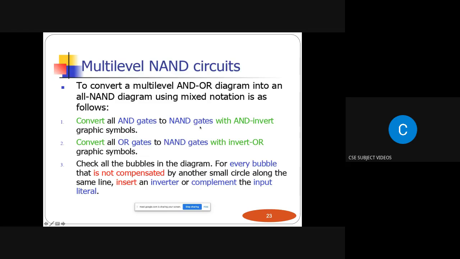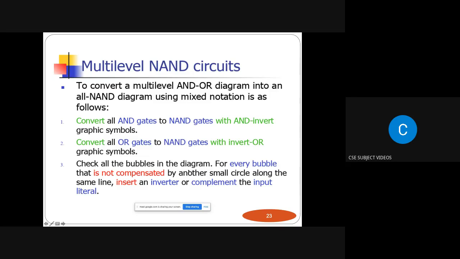Convert all AND gates to NAND gates. First, we have to convert all AND gates to NAND gates with AND-invert graphic symbols. And second step, convert all OR gates to NAND gates with invert-OR graphic symbols. Third step, check all the bubbles in the diagram.